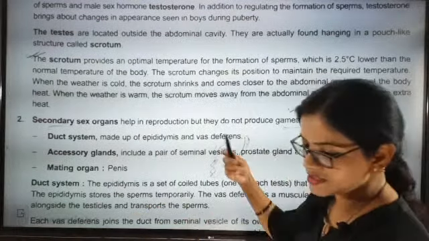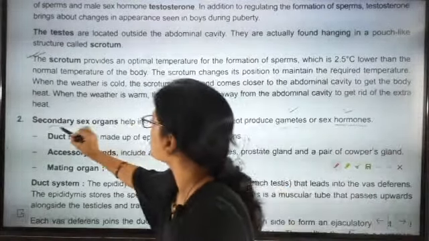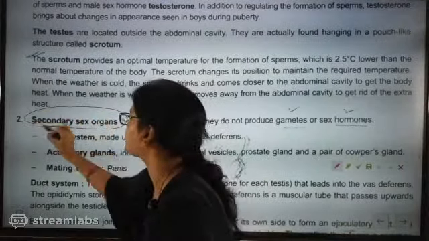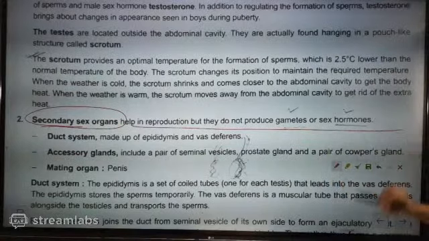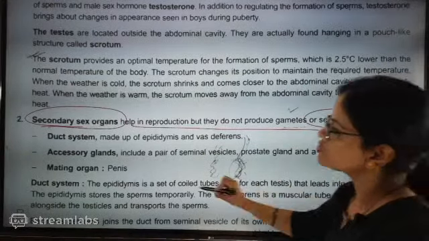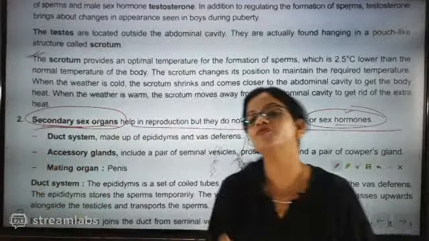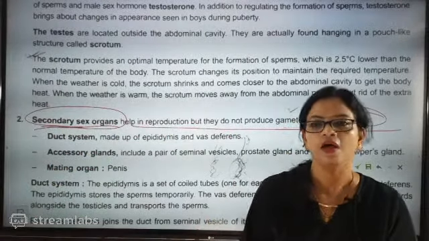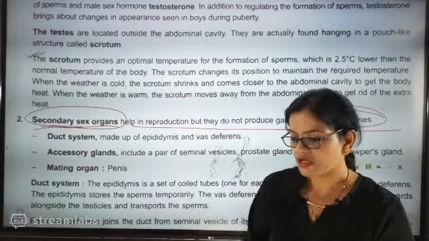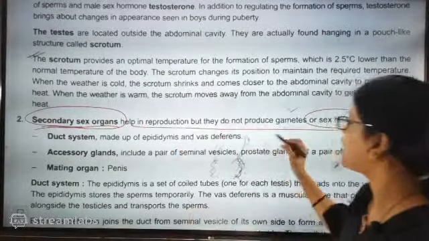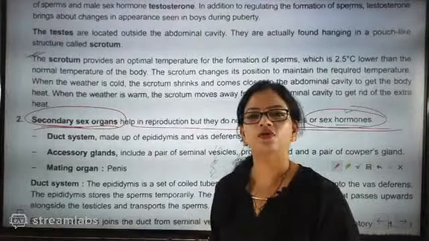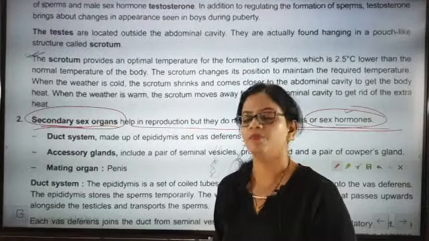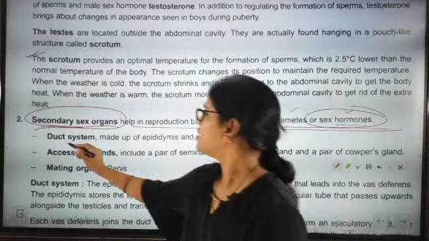There is a channel that comes under secondary sex organs, which helps in reproduction, but they do not produce gametes or sex hormones. So secondary sex organs are not forming sperms, but they help. Now the duct system.